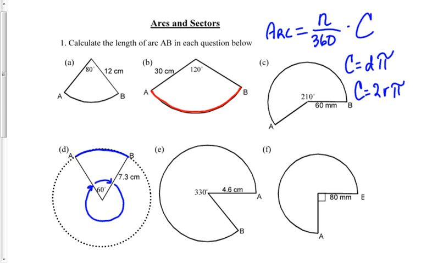So what we need to do is find the portion of the arc. One thing we can do is first find the circumference, the total, which would be the dotted line all the way around. To do that, we do diameter times pi, or 2 times the radius. We're given the radius, so the circumference is equal to 2 times 7.3 times pi.